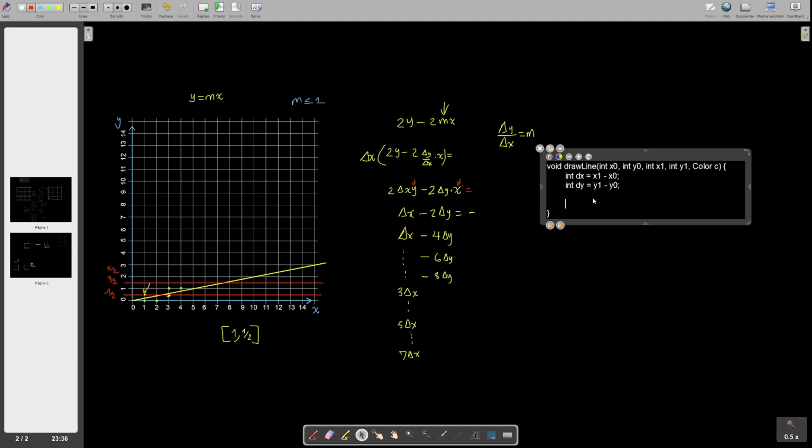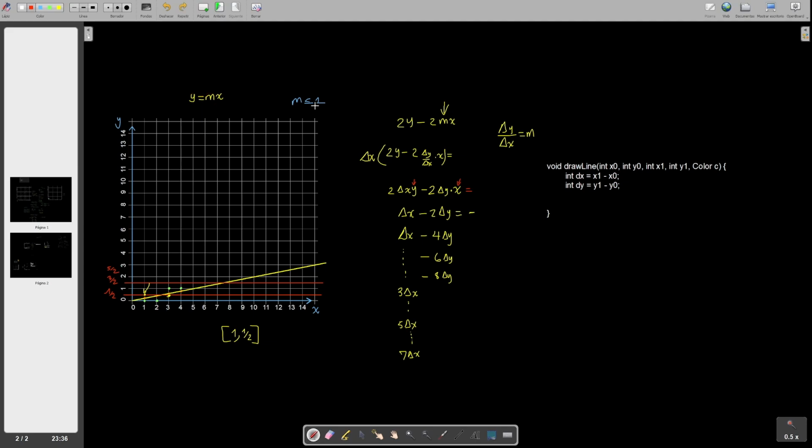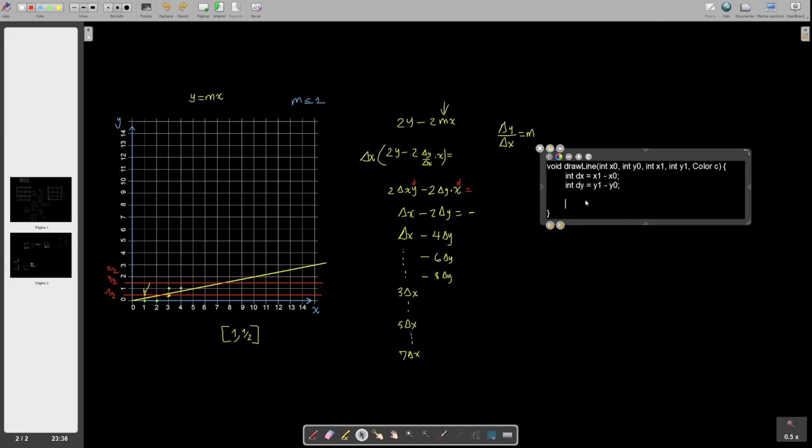Now that we have these, remember that all of our lines, we explained them as if they were going to be painted at the origin. So I'm going to start at the origin. Int i is going to be 0, and int j is going to be 0, where i is nothing else than the current x value, and j is nothing else than the current y value, and we start at the origin, so both of them are going to be 0.